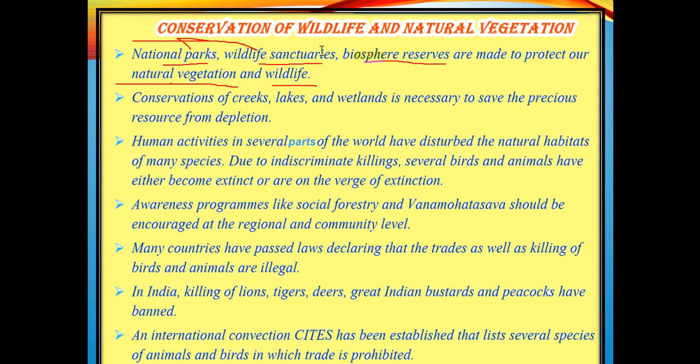In a wildlife sanctuary, basically one specific category of species is concentrated, and there is some limited interference for the tribal society, to collect timber or twigs or leaves for their livelihood. But for the national park, it is totally prohibited.